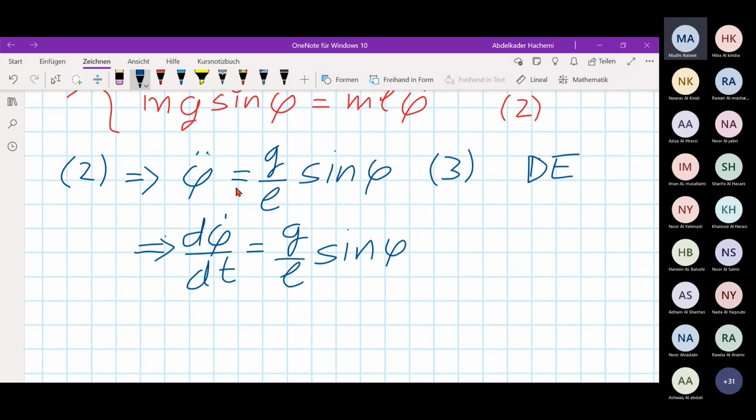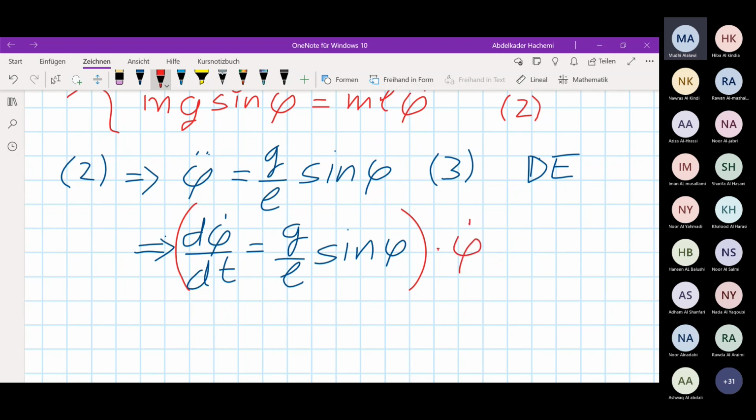Then what we have to do is make the link between this velocity and the angle phi. We do the following: we multiply this term by phi dot.